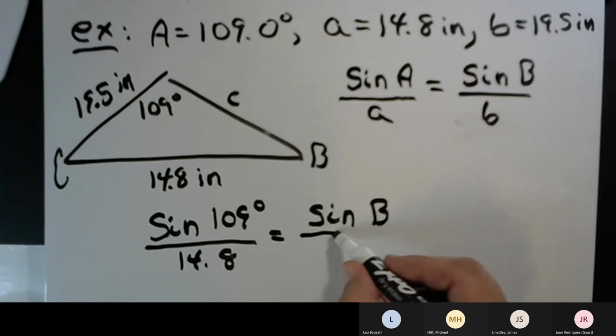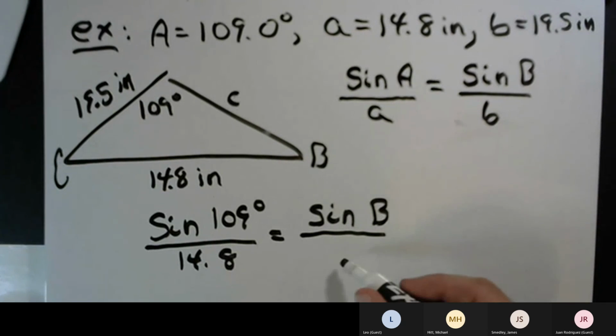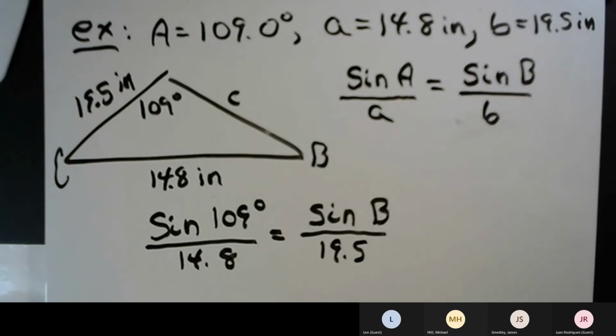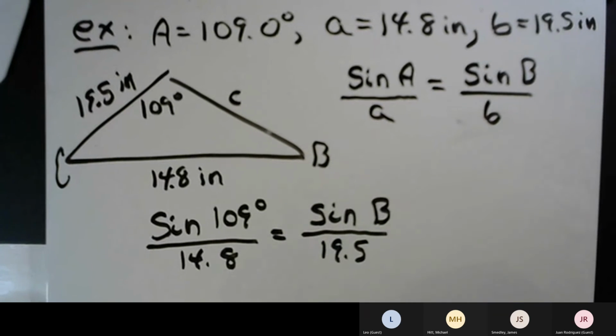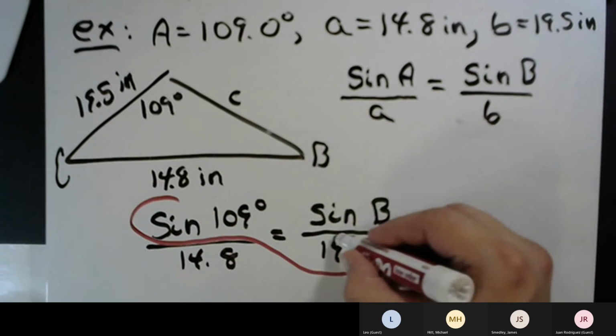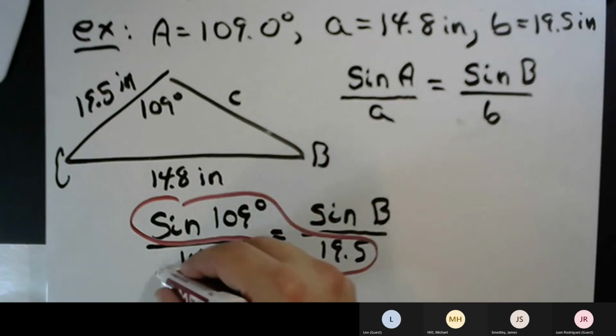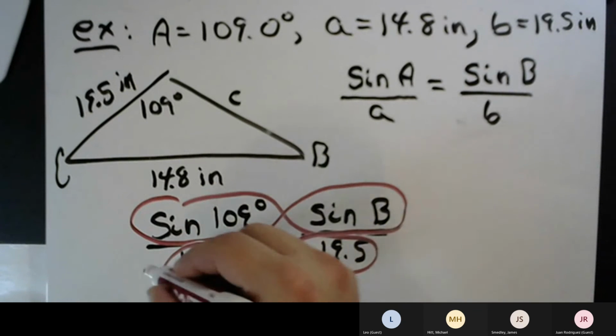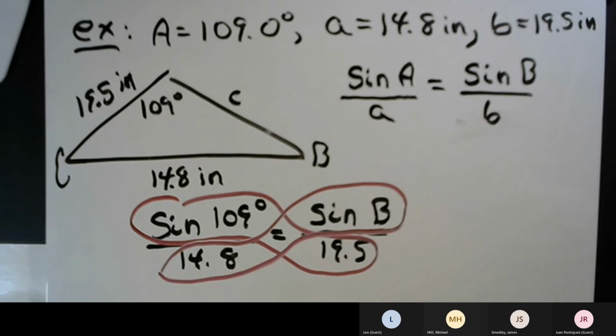Now the unknown is inside this trig function. So again, what we're going to do, we're going to cross multiply. So you get this times this. I'm being a little more careful with my cross multiplication. This times that.